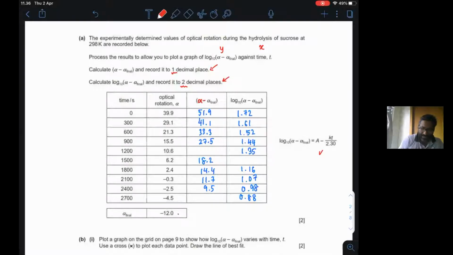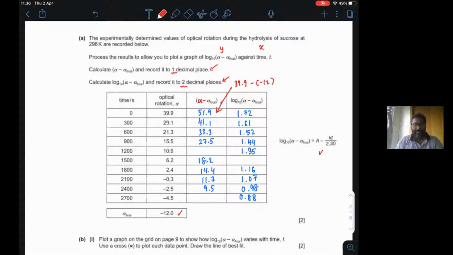What I'm going to do to fill up this data is 39.9 minus negative 12. So it's 39.9 plus 12, you will get 51.9.